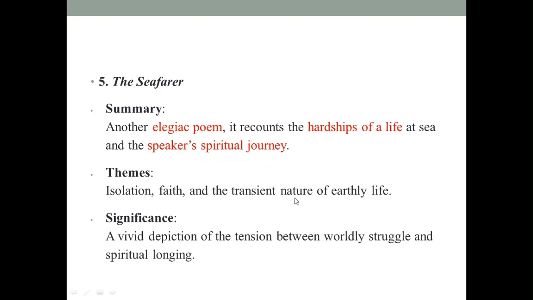Understand, the temporariness of the nature of earthly life, and this is a vivid depiction of the tension between worldly struggle and spiritual longing. Understand? So it is a graphic representation, a realistic description of the worldly struggles that we encounter in our day-to-day life, and then spiritual longing, the spiritual desire. So these things we find in the Seafarer poem.